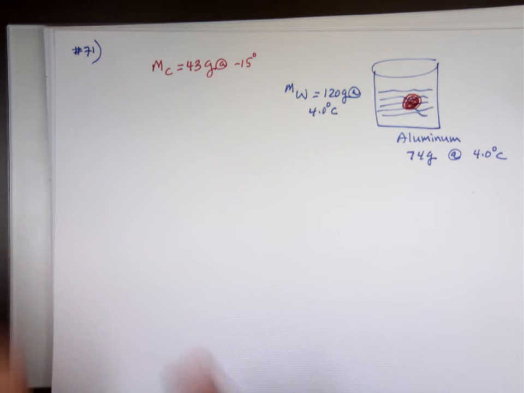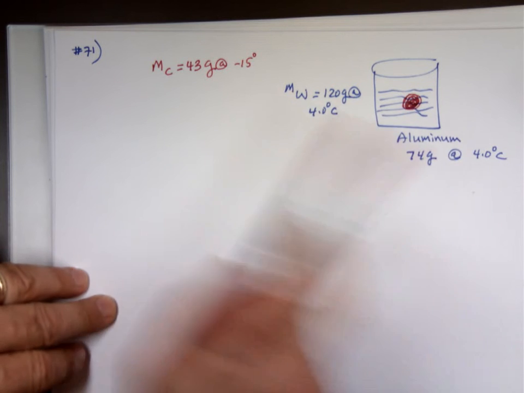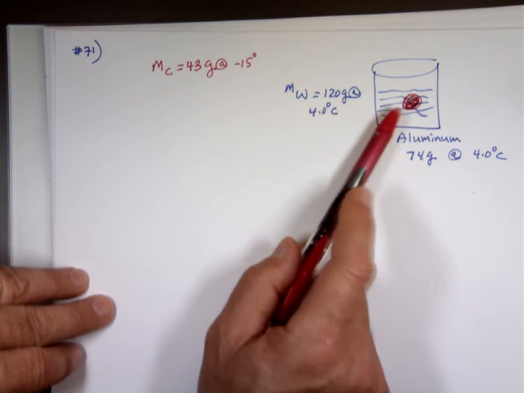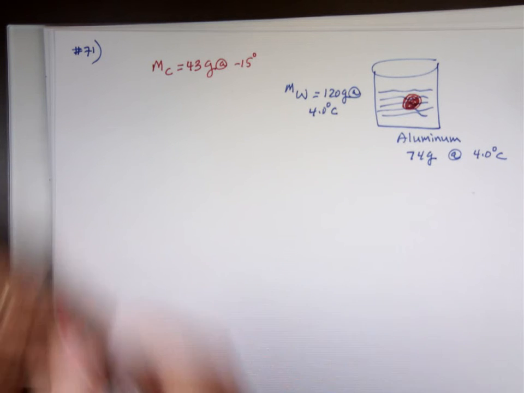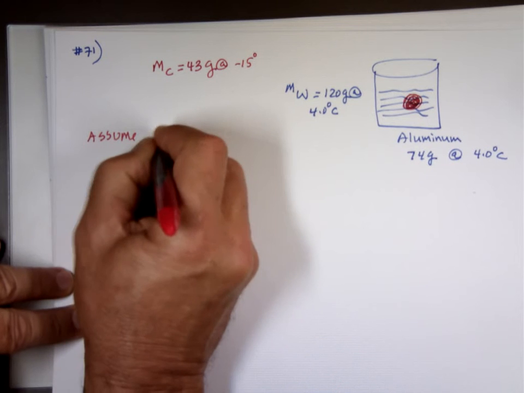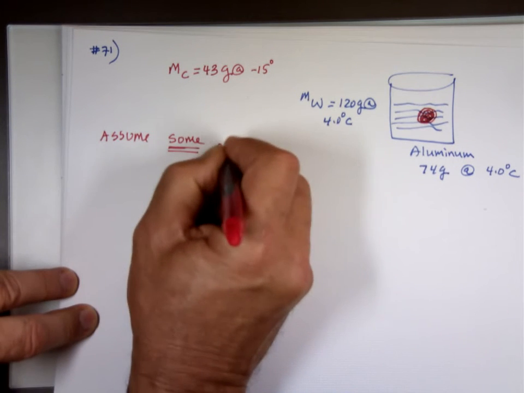So maybe I should make an assumption some of the ice will freeze. Notice the water is almost freezing temperature. So you're adding something very cold. There's a good chance maybe some of that water will freeze. So I'm going to assume some, not all, some of the water will freeze.